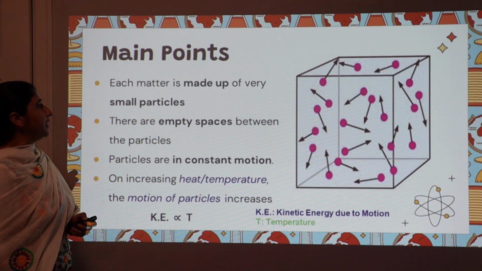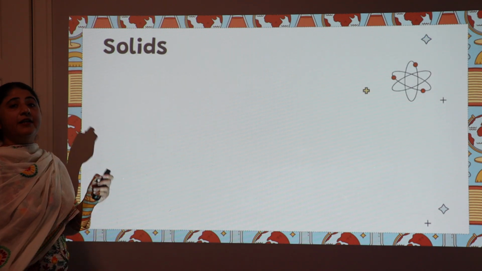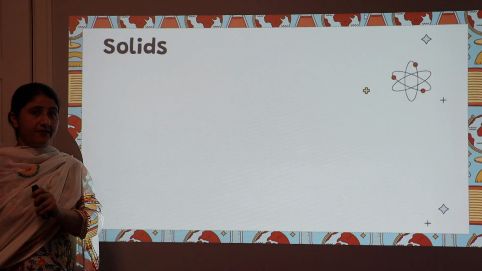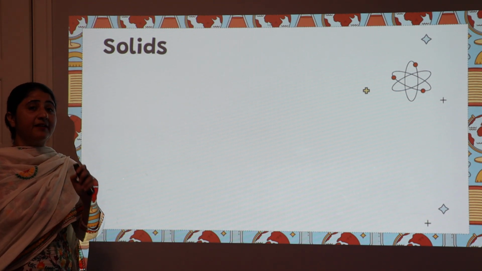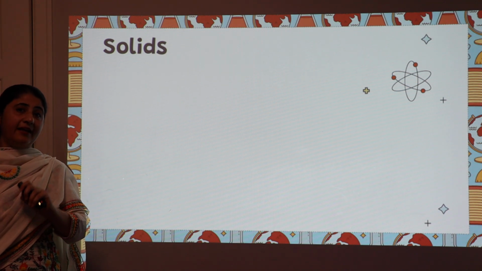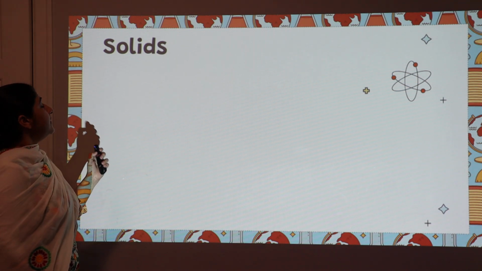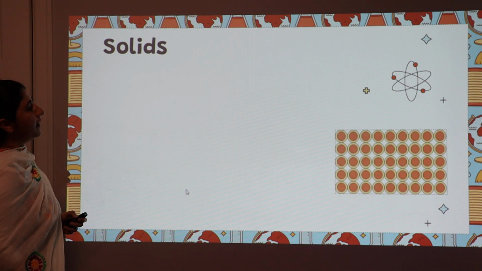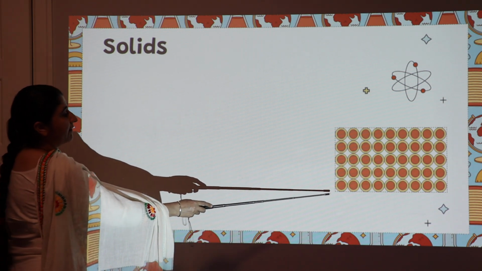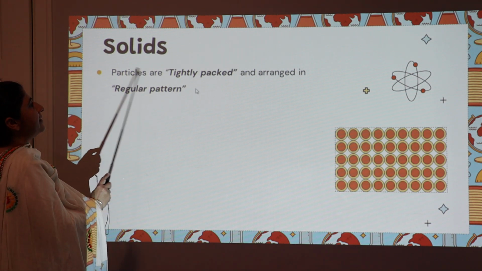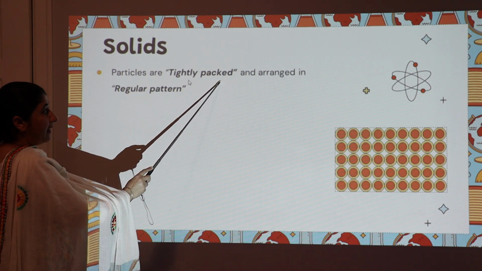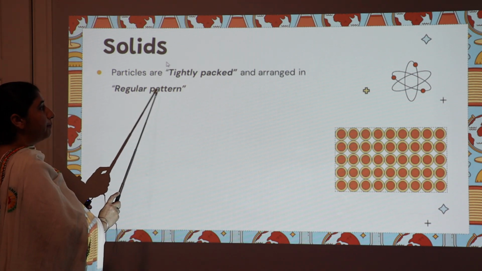On this theory we can discuss the nature of the three states of matter, that is, the arrangement of particles in solid, liquid and gas. In a solid, the particles are tightly packed and arranged in a regular pattern.